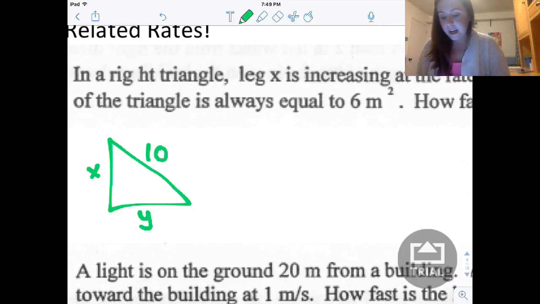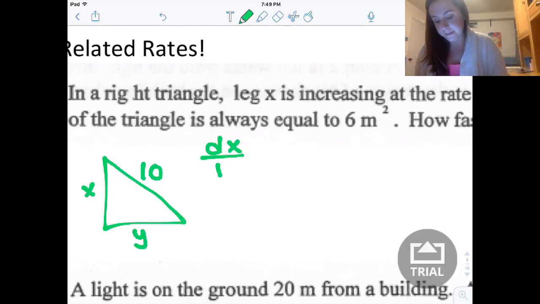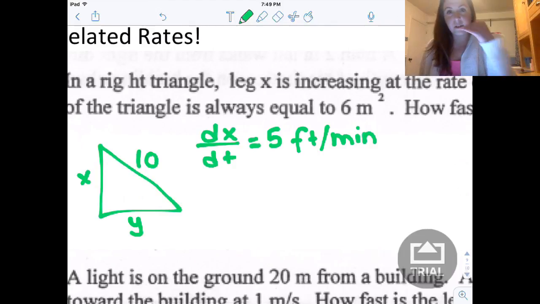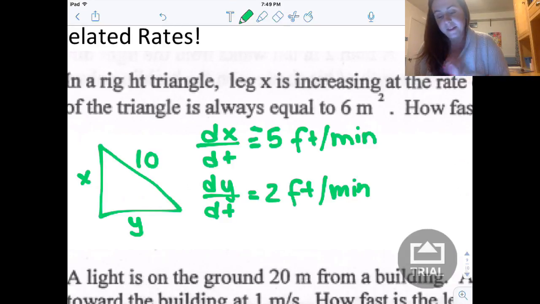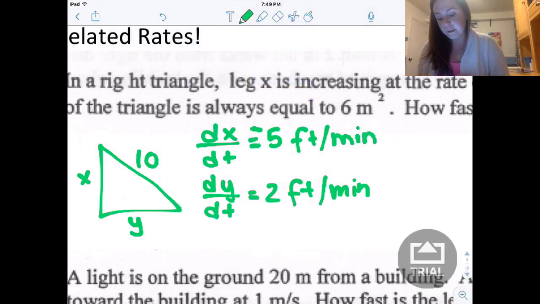And I know that it's falling down the building, so dx dt, at 5 feet per minute. Okay? And I know that it's coming out from the edge of the building, dy dt, at 2 feet per minute. And let's make that negative because we know if it's falling down, x is getting smaller, so that should be negative, versus with y, that's getting larger.